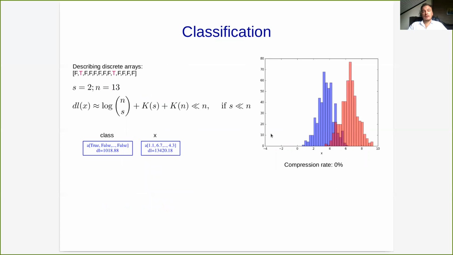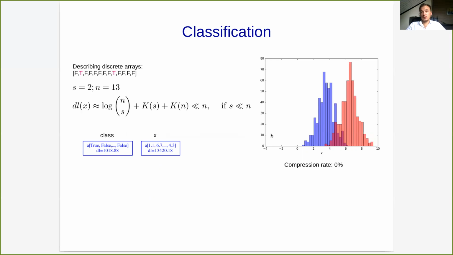So let's look at classification. Here I have to tell you something about the way discrete arrays are represented. For example, Boolean arrays, usually you would need 1 bit in order to encode true or false. So for every entry, you would need 1 bit. But if the number of true entries is much fewer than the number of false entries, you can represent a Boolean array as an index of a particular permutation of truths and falses.